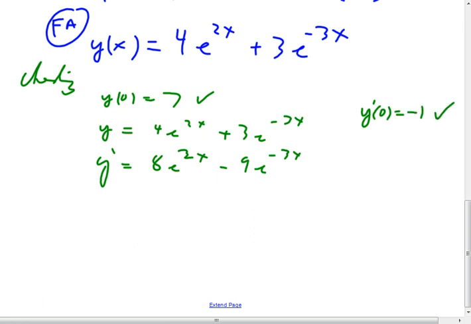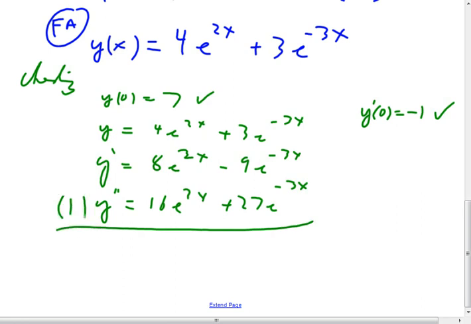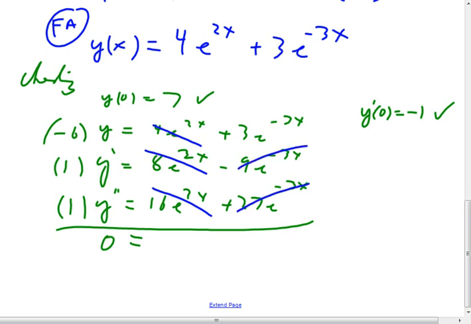Check it is. y double prime is 16 e to the 2x plus 27 e to the minus 3x. I take one of those, and minus 6 of this guy, and I'm supposed to get 0. Okay, so I got minus 24 plus 24. Those guys go away. I got minus 18 minus another 9 plus 27. Those guys go away. 0, 0, 0, and I check.